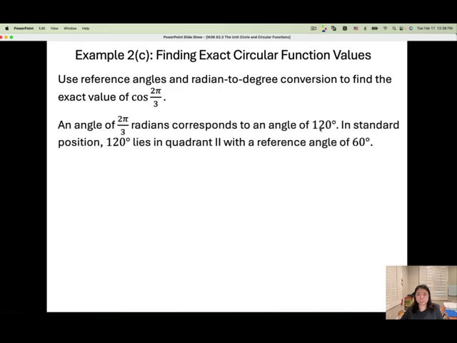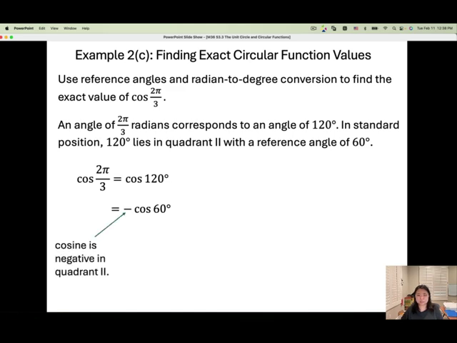Okay, and then 120 will be in quadrant 2, and the reference angle will be 60. But in quadrant 2, cosine will be negative, so it equals negative cosine 60. Negative cosine 60 will be equal to negative 1/2.